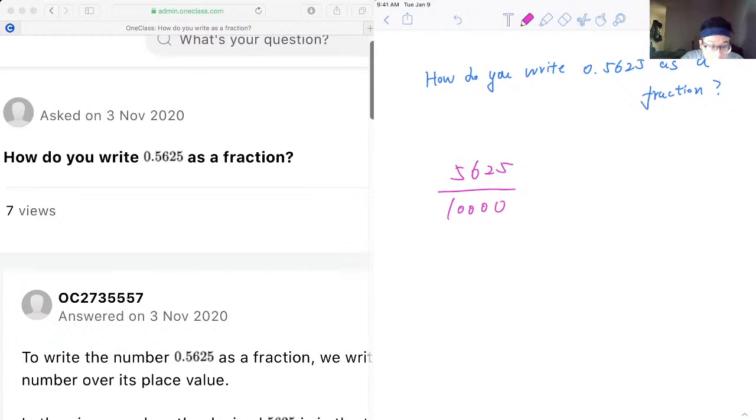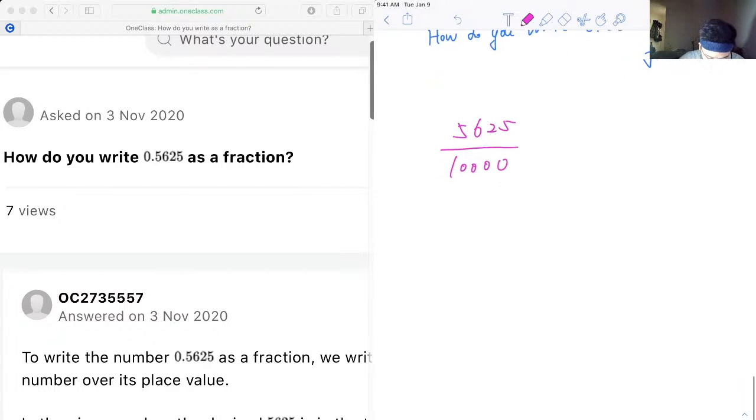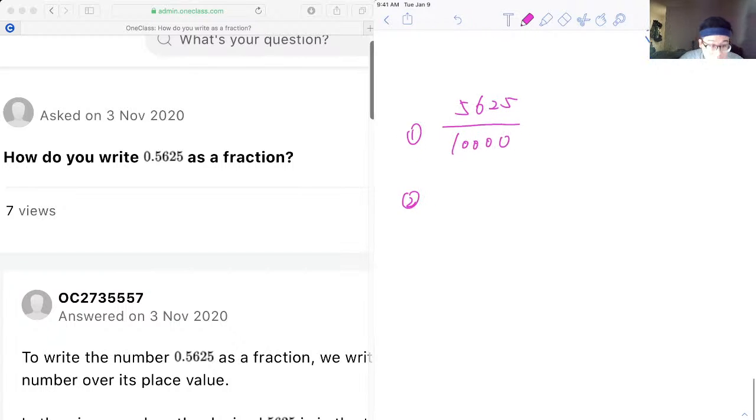Okay, and after that, we need to simplify the above fraction.